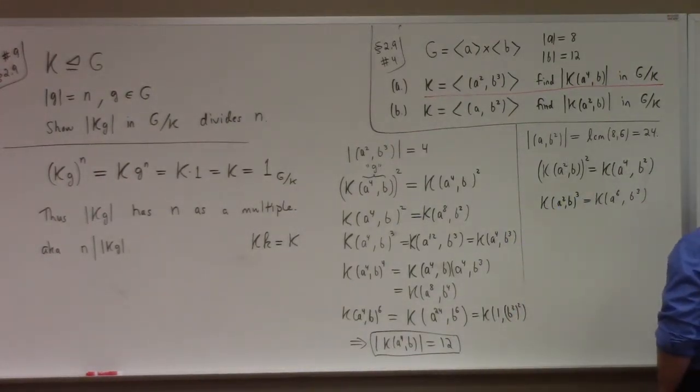For the power of these, well, 1, 1, yeah. A B squared, A squared b to the 4th, A cubed b to the 6th. So it's A, B, and B.